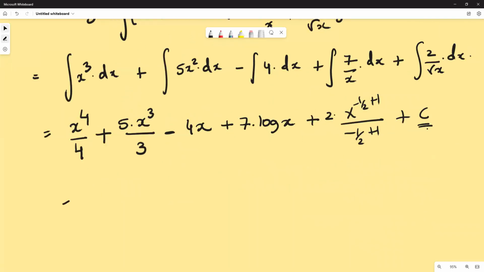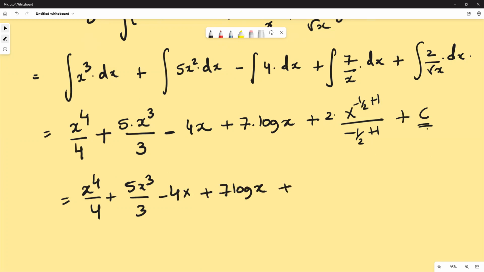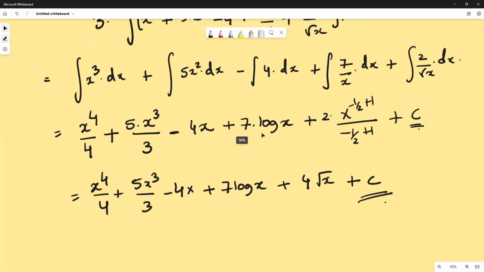If there are any terms that we could simplify, it's x power 4 by 4 plus 5x cubed by 3 minus 4x plus 7 log x plus, this becomes half. 2 into x to the power half is root x, and that's 1 by 2 again, so 2 goes up. I can write this as 4 into root x plus c. So this should be your final answer.